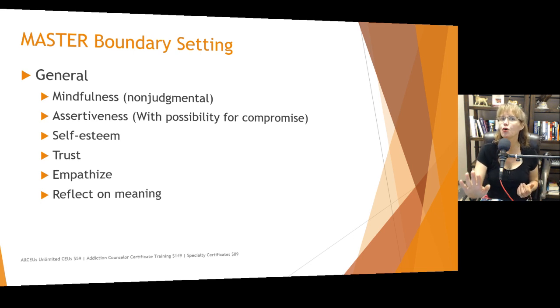When somebody's starting to push that boundary, you notice that you're starting to feel anxious or angry, and you can identify it then and have an assertive conversation with that person about what the boundary is and why it's important to you. And if it's a relationship that's based on respect and trust, then hopefully that conversation will be fruitful.